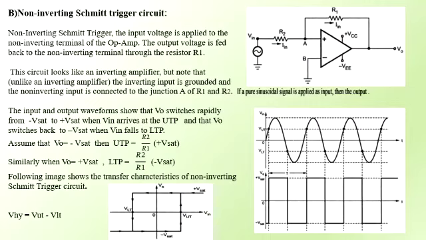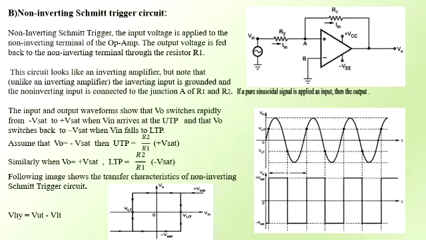To understand this, a pure sinusoidal signal is applied to the input. From this discussion of the input and output waveforms, we can show that the output switches rapidly from negative saturation to positive saturation when Vin arrives at the UTP.